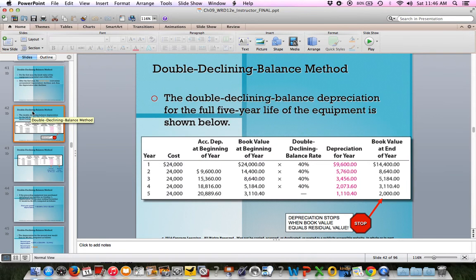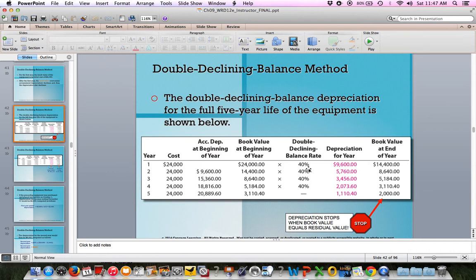So for example, double declining balance depreciation for the 5-year equipment is below. So this is going back to my $24,000 equipment. So in year one, I take 24,000 times 40%, and I get a really big number, 9,600. And so my book value at the end of year one is 24,000 minus 9,600. I get 14,400.